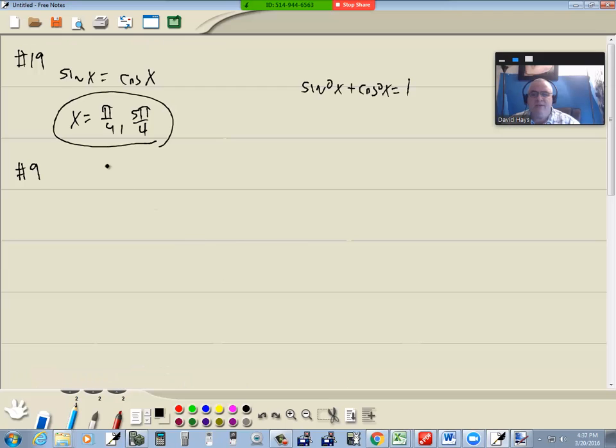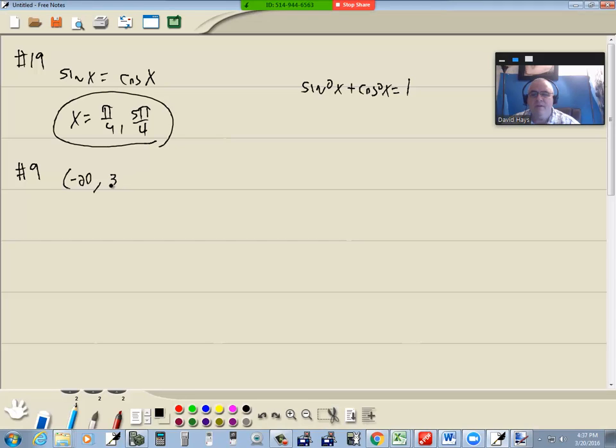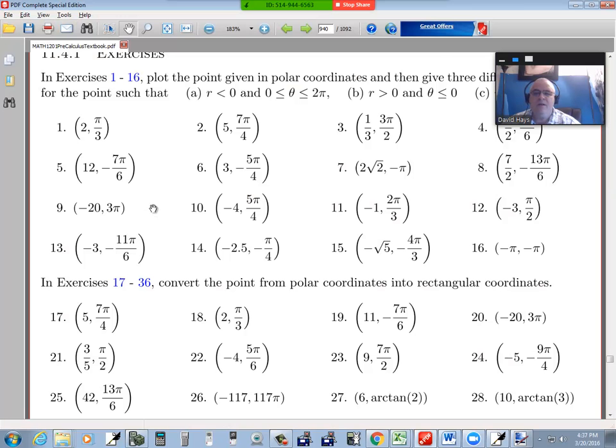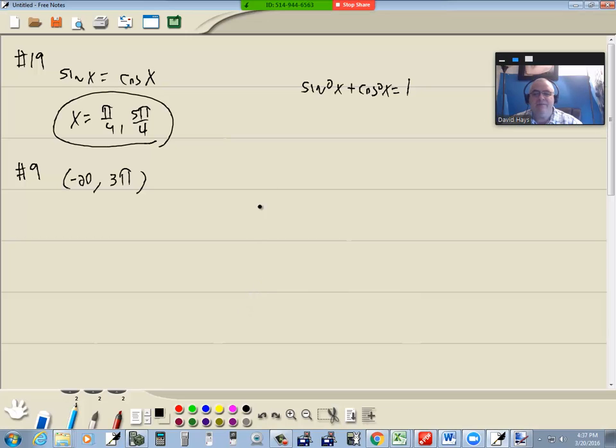Number 9 says we got negative 20 and 3 pi. Plot the point given in polar coordinates and give 3 different expressions for the point. Okay, 3 pi. I'll start off here.